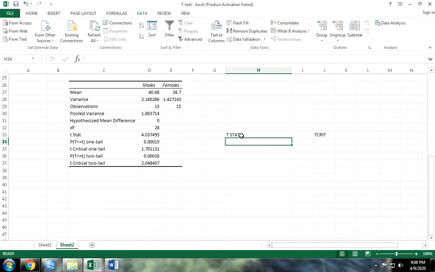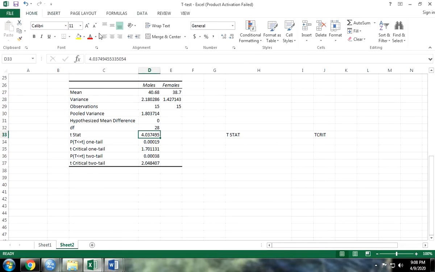Now, itong t-stat, ito yung exactly na kinocompute natin. So, hindi siya given. Yung t-stat natin is around 4.037. Now, paano natin siya ma-determine? We will now compare it with your t-critical value two-tailed, kasi two-tailed tayo, no?